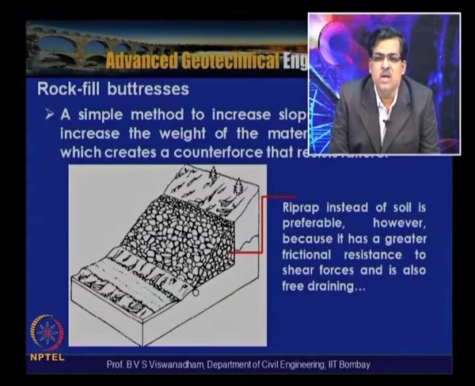Basically this is done in hilly areas, particularly when slopes are constructed, or highway or railway networks are built using cut and fill methods. In order to increase the stability of a slope at the downstream end, it is advisable to provide rock fill buttresses depending upon the necessity, to increase the weight of the material at the toe, which creates the counterforce that resists the failure.